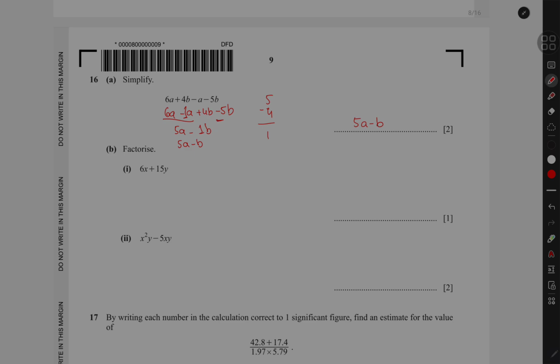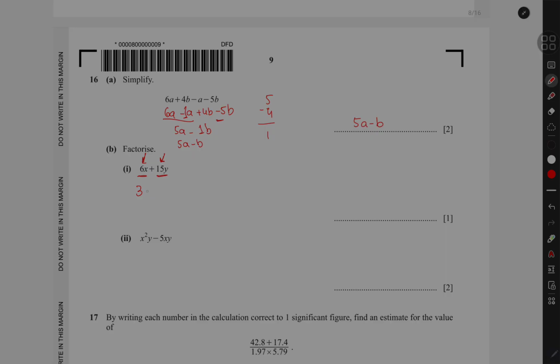Now we need to factorize 6x plus 15y. Is there anything we can take out, that both of these terms have in common? Are these two numbers divisible by 2? 6 is divisible by 2, but 15 is not. Are these two numbers divisible by 3? 6 is divisible by 3, and 15 is also divisible by 3.